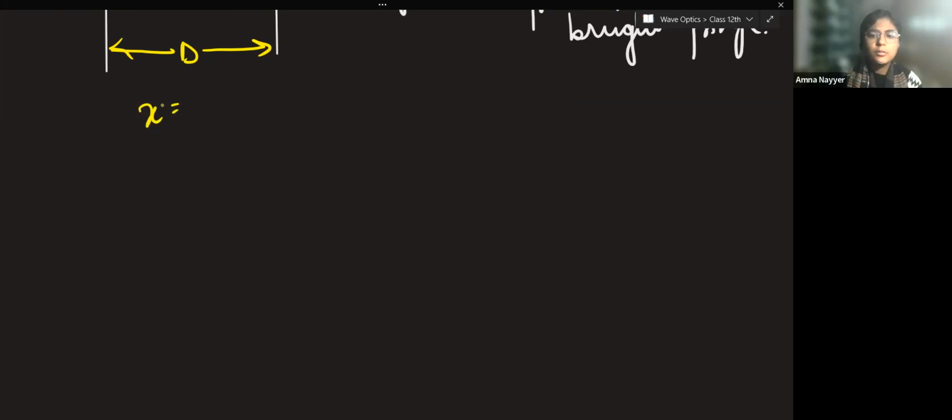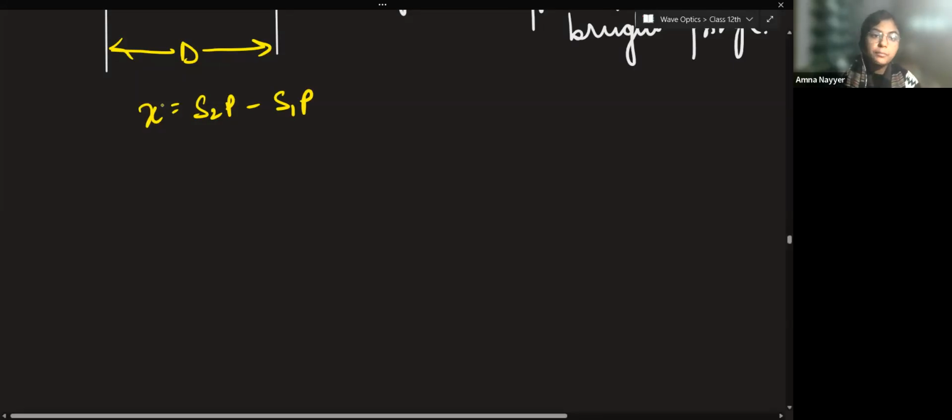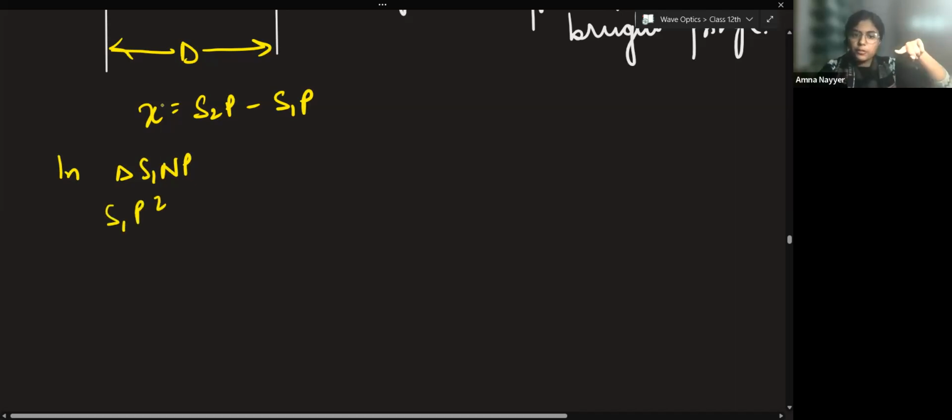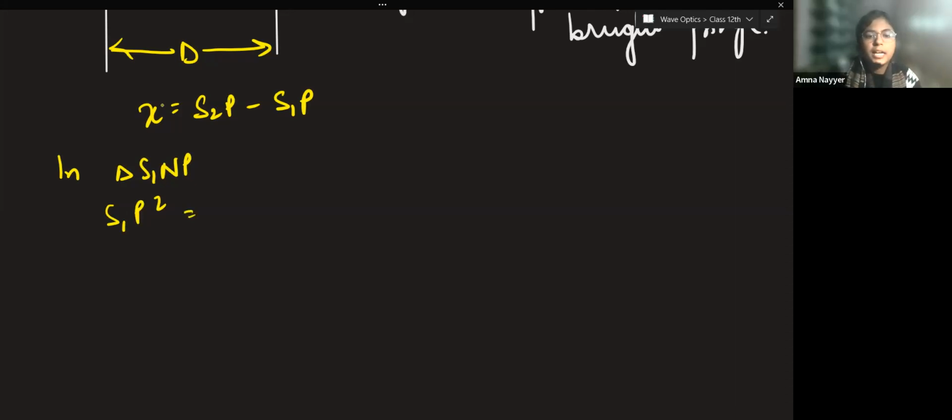x is equal to S2P minus S1P. This is the path difference. Fine, S2P minus S1P. How will we write S1P? From triangle S1NP, the shorter triangle that is formed, we can use the Pythagoras theorem and write S1P, that is the hypotenuse. S1P whole square will be equal to S1N square plus PN square.